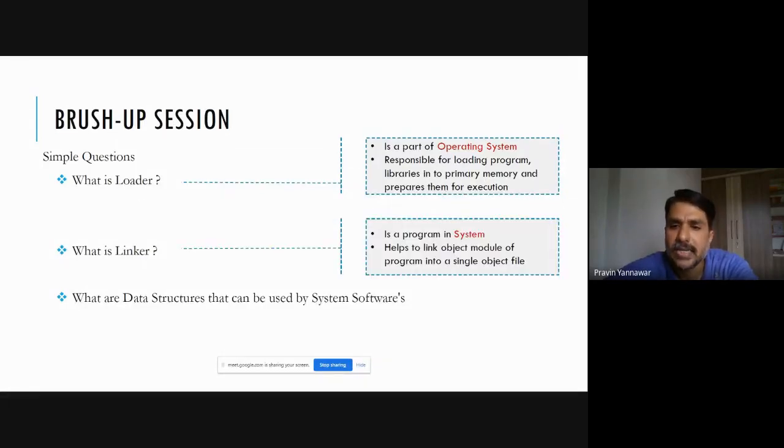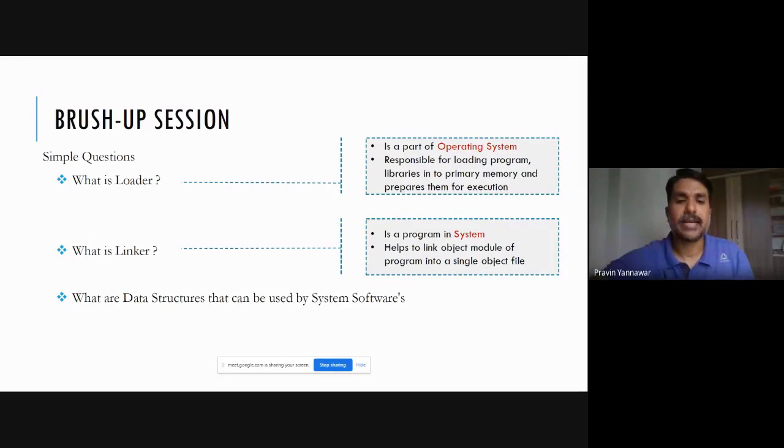That is called the linker. A linker is a program in the system. It helps to link the modules of a program into a single object file. So loader and linker are both closely connected together, performing defined tasks of loading the libraries onto primary memory, as well as linking those libraries or program segments to other object files. So loader and linker play a vital role in system software. Okay, so this is the case.